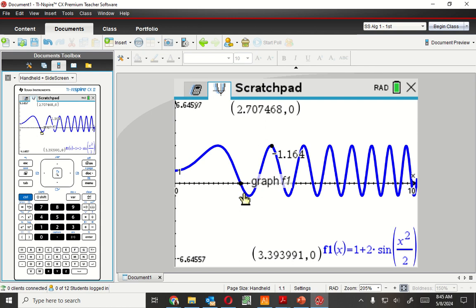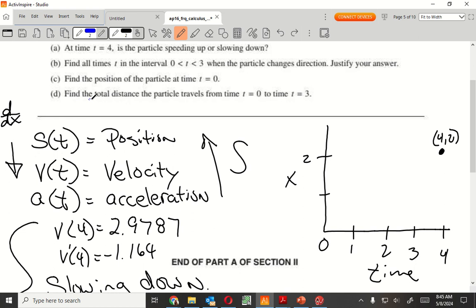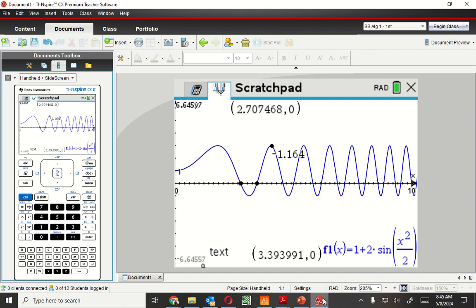So what we're going to try and do is, it says, find the total distance traveled from 0 to 3. Now, total distance. So I could actually go from here to here and then subtract here to 3. I can do that because total distance, because everything below the line is going to be a negative distance, right?